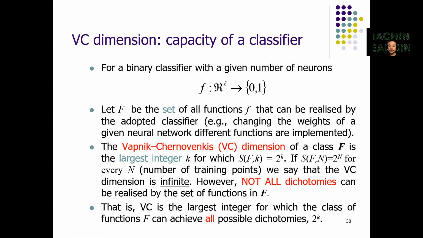If you can create a set of functions and the same number of dichotomies depending on the number of data points that you have, and that's 2 to the power of n, then we say that the VC dimension is infinite.